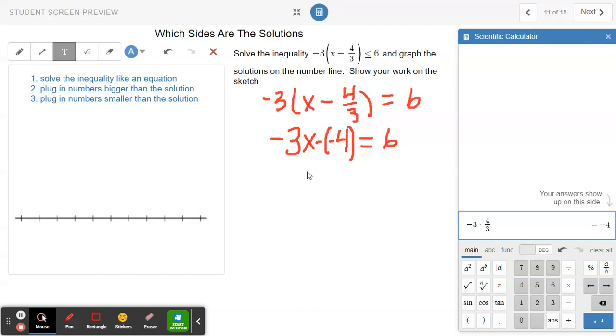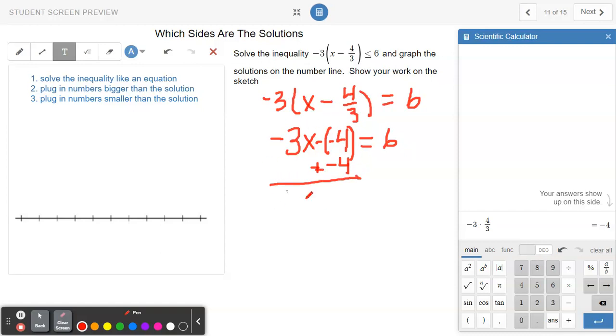So this is where we end up after we distribute that -3. We have -3x minus, because we're subtracting, and then the negative times the positive made this a -4, equals 6, right? So now that we have this set up, we're ready to continue solving. We want to get our x's by themselves. If we're subtracting -4, the opposite is adding -4, so we're going to add -4 to both sides.